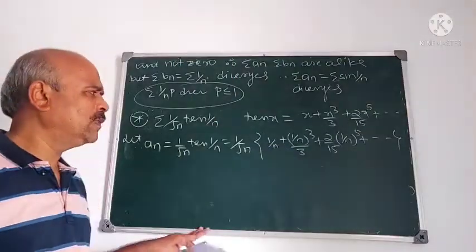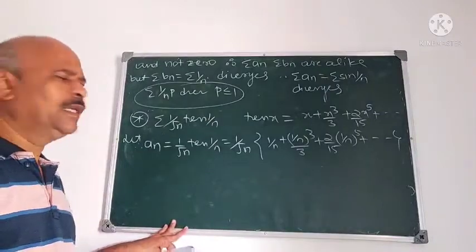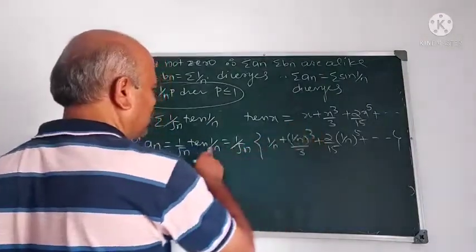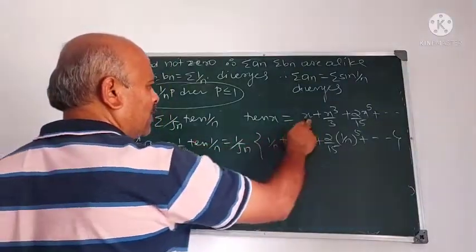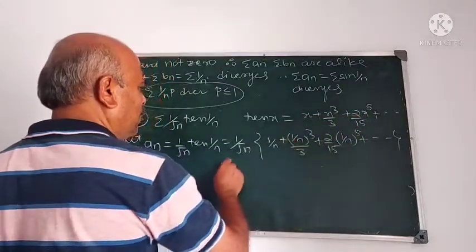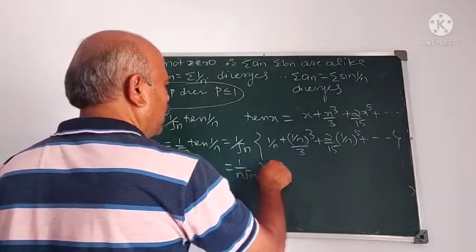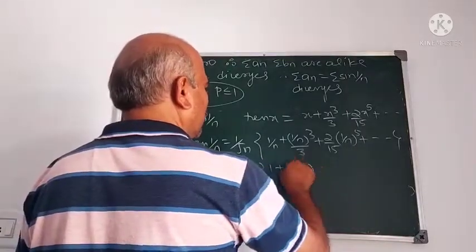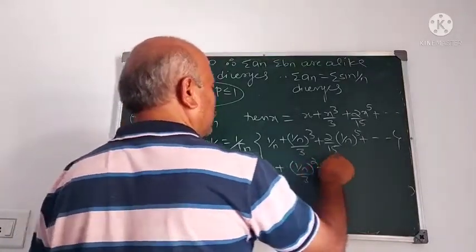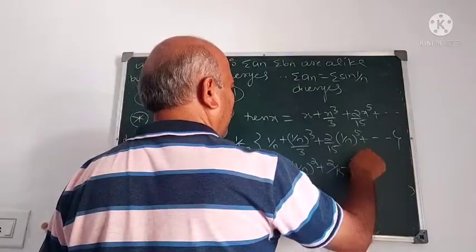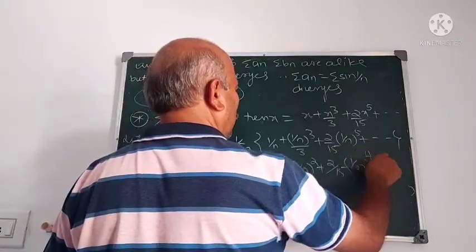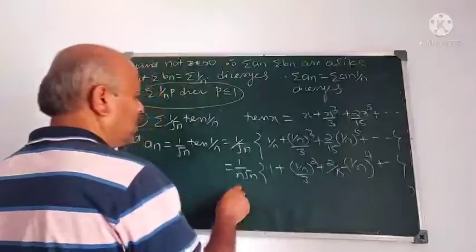See, the expansion of tan x is used here. Tan 1 upon n, so replace x by 1 upon n. It is 1 upon n root n, taking n root n common, 1 plus 1 upon n square by 3 plus 2 by 15, 1 upon n raised to 4 plus so on.